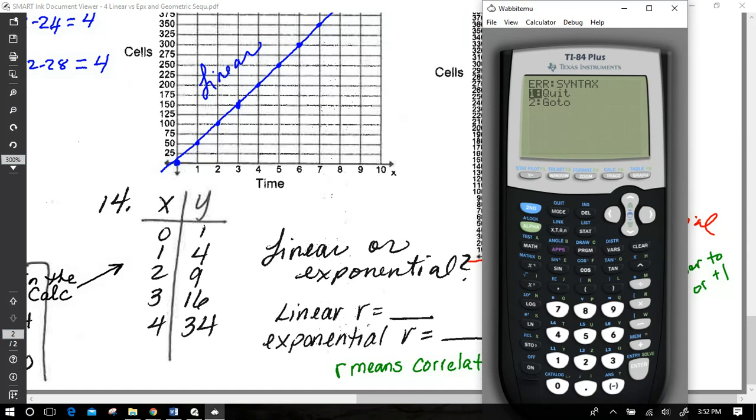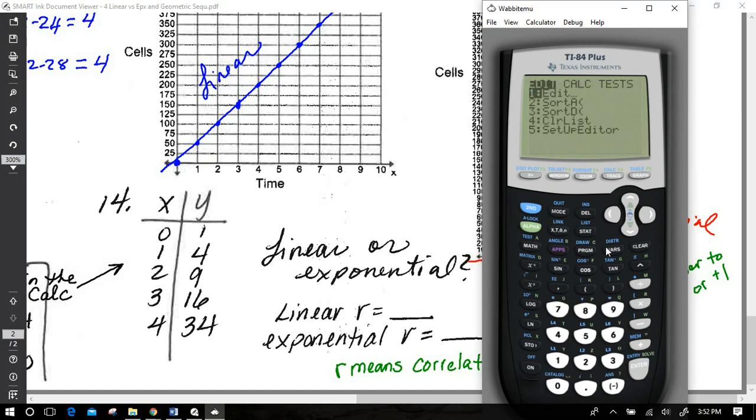Let's try this again. So clear all this. Second, 0, down to the D's, diagnostic, on, enter. All right, and then enter again, and that time it worked. Now we are ready to do step 2, which is to enter our data.